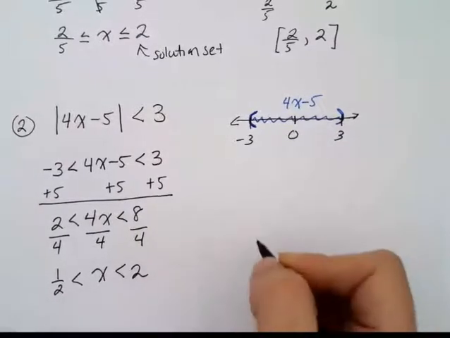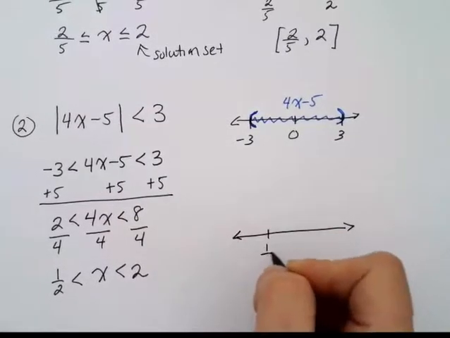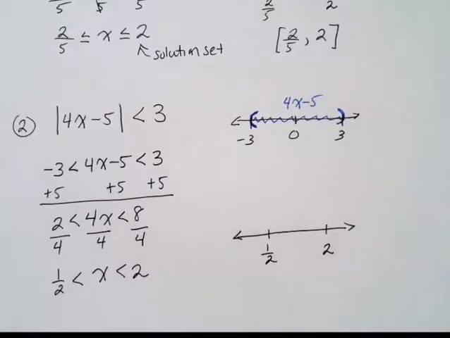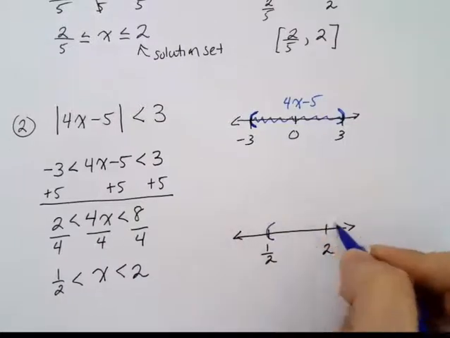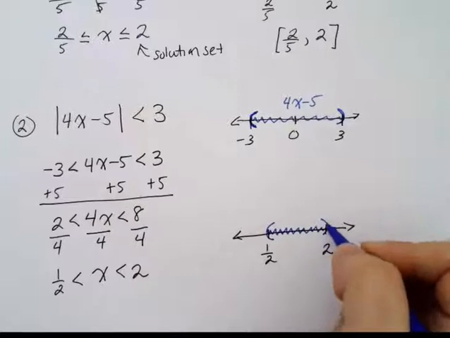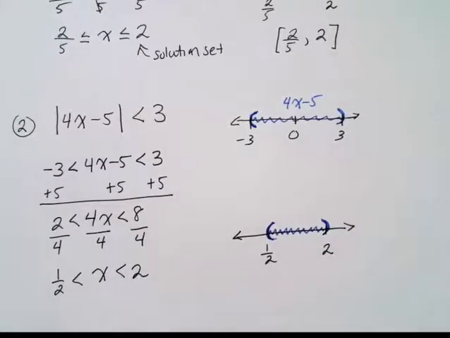So I'll graph my solution set. And between 1/2 and 2, not including 1/2 and not including 2. Parentheses at each of them, and we're shading in between. And if I want to write that as an interval, I could use my graph to get my interval.